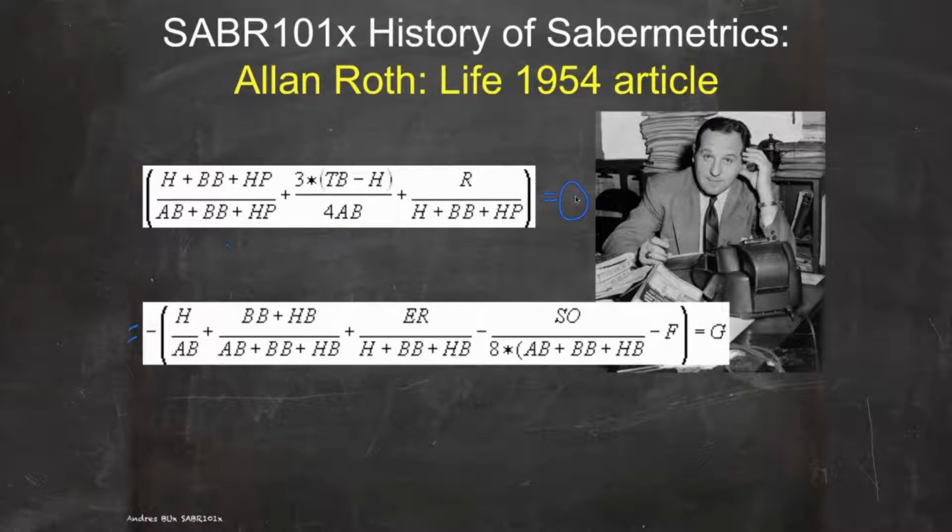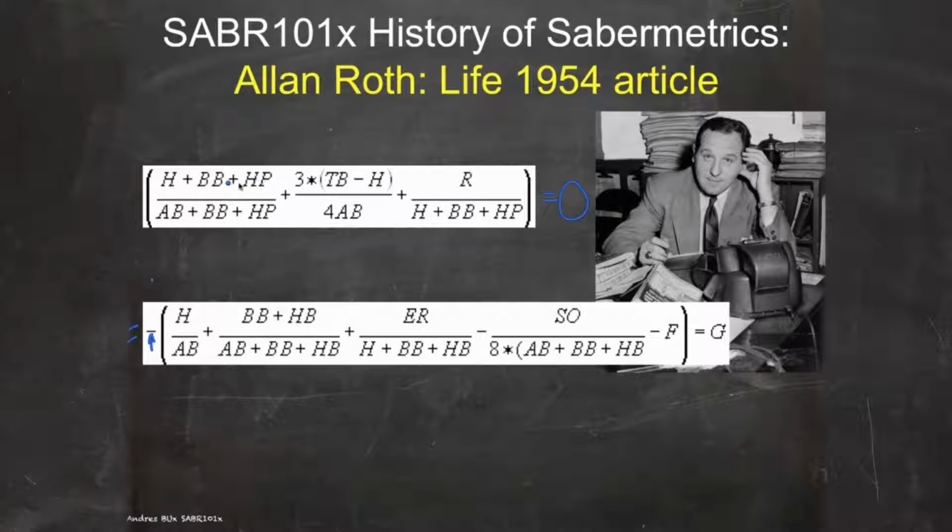So O minus, here's the minus sign. O minus D, this whole term here, equals G. And G again is modeling the games behind for each of these league seasons. So let's go through each of these things.